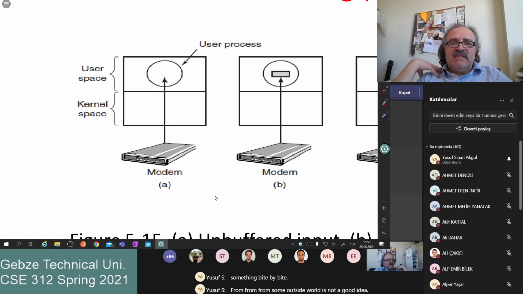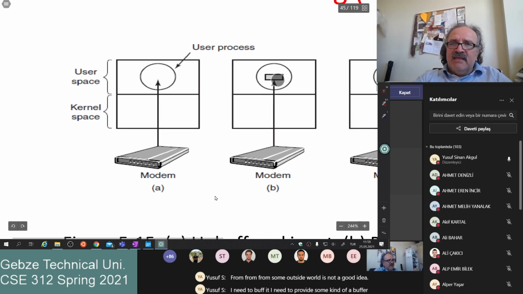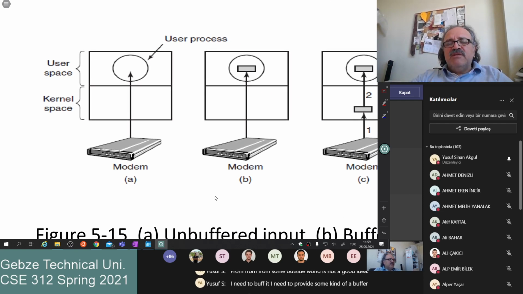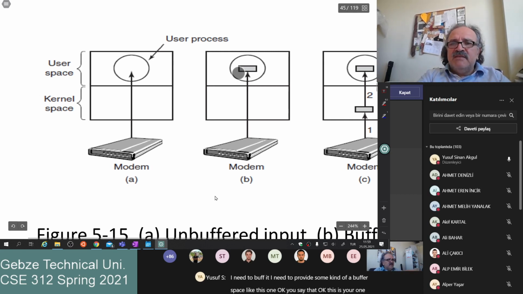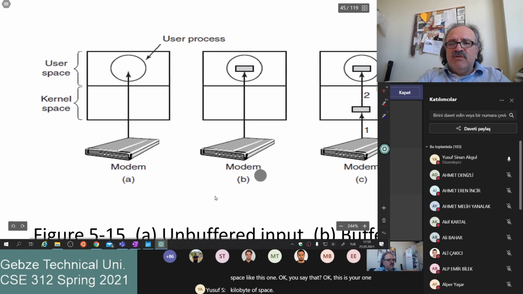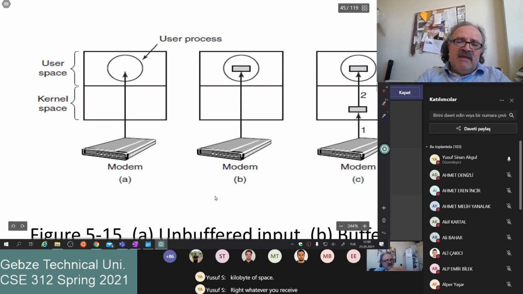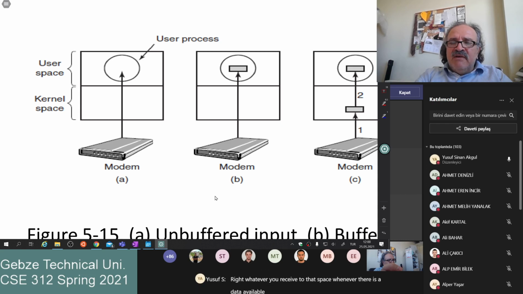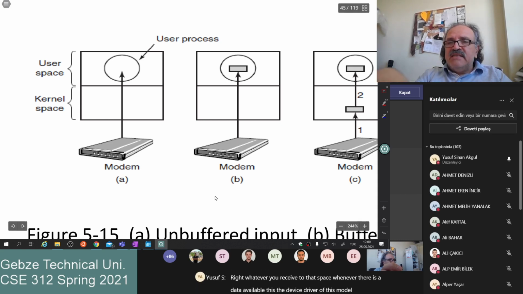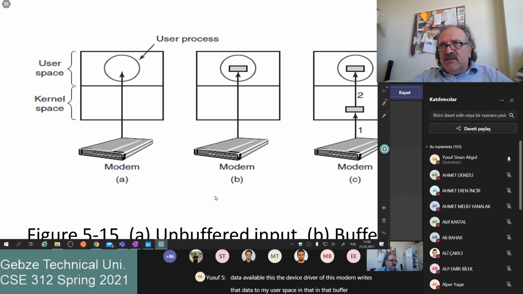I need to provide some kind of a buffer space like this one. You say, okay, this is your 1 kilobyte of space. Write whatever you receive to that space. Whenever there is data available, the device driver of this modem writes that data to my user space in that buffer. So it is not character by character.